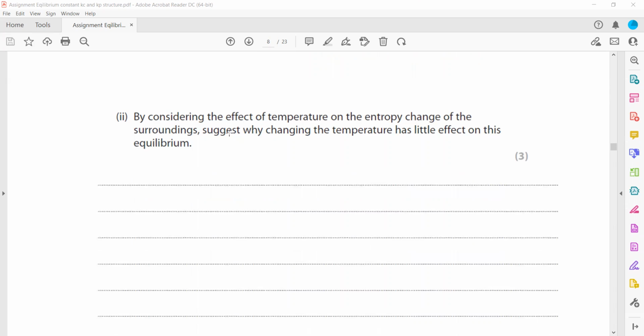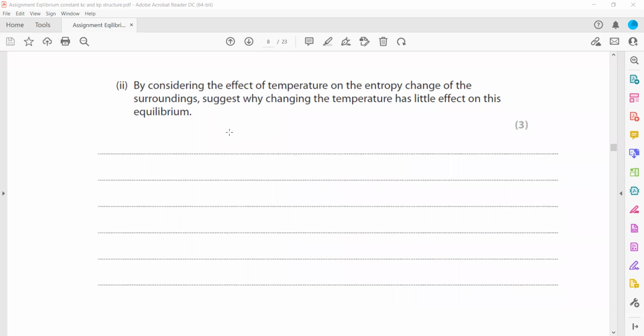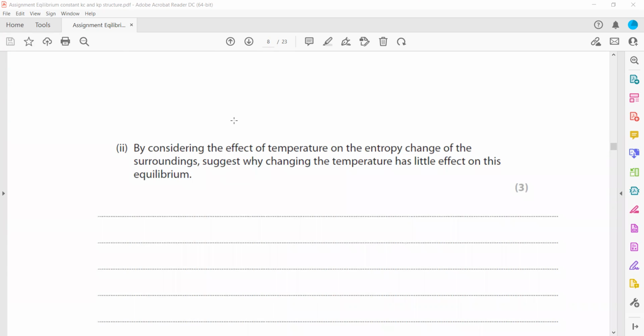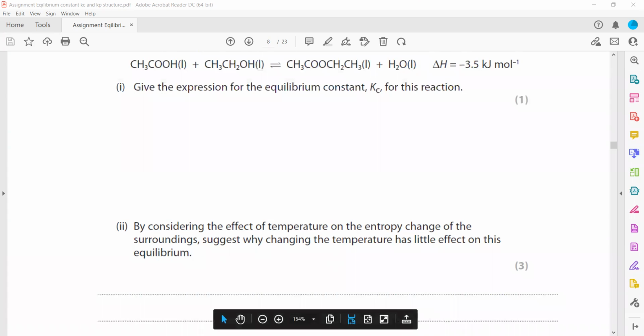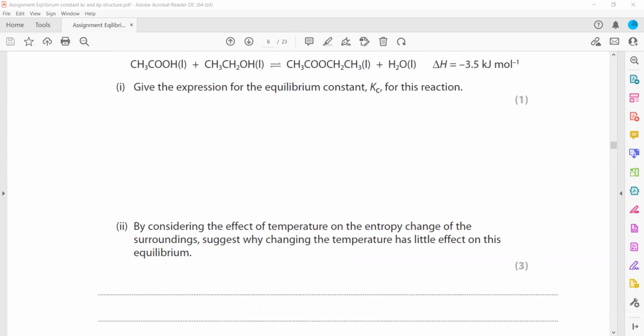By considering the effect of temperature on entropy change of the surrounding, suggest why changing the temperature has little effect on this equilibrium. Like when we change the temperature, it does not affect this equilibrium too much. So what is the reason for that? As you can see, the enthalpy change, or delta H, is very small in this one.